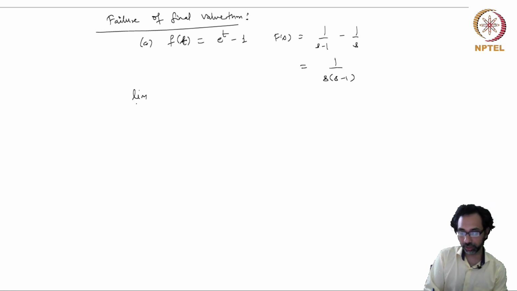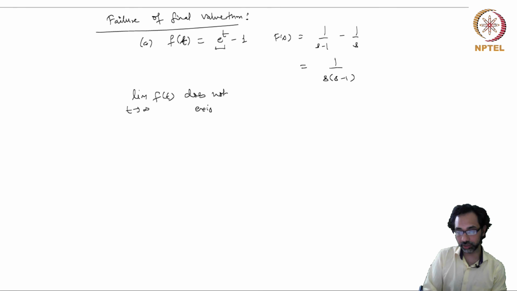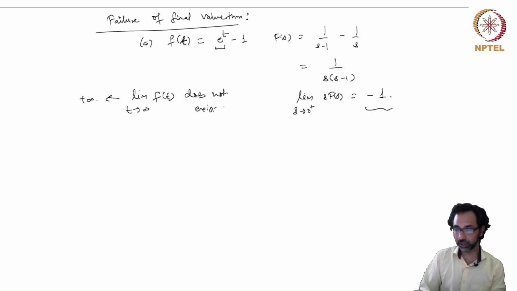Of course the limit as t tends to infinity of f(t) does not exist because we have a positive power of e, while the limit as s goes to 0 plus of s F(s) is minus 1. So in this case the limit goes to plus infinity, and this is minus 1, which is absurd. So in this case the final value theorem fails to hold.